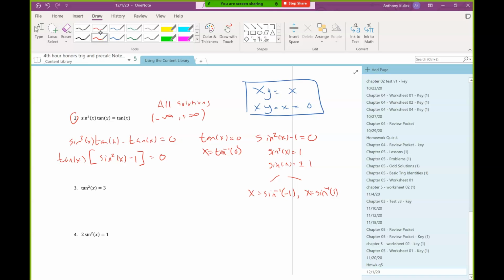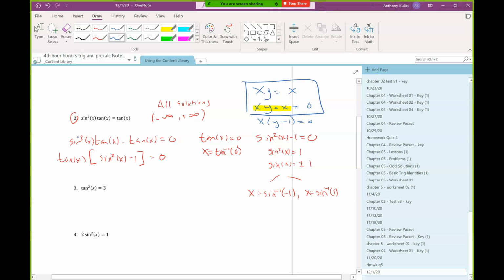How'd you get -1? And why is the tan x on the outside? So this is like, again, think about this problem here. I could factor off a greatest common factor of x. Right? Okay to do that? Same idea here. It's just like tangent is my x and sine squared is like my y.